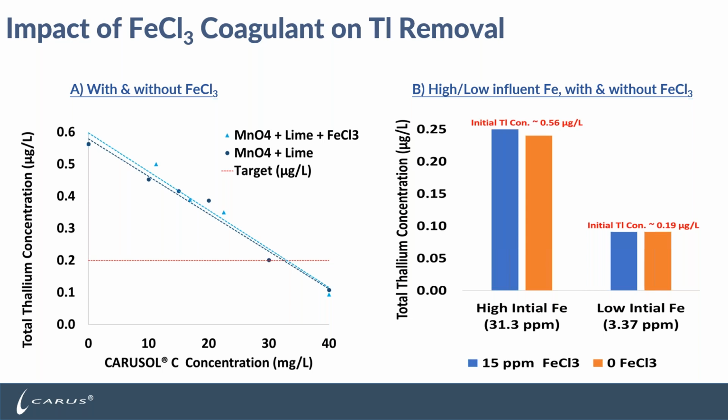The plot on the right here shows that this actually isn't the case. Effective thallium removal was achieved with both high and low incoming iron levels, again, without the need to add coagulant. We've seen similar benefits for manganese dioxide acting as an in situ coagulation aid in oil field produced water applications using permanganate as well.